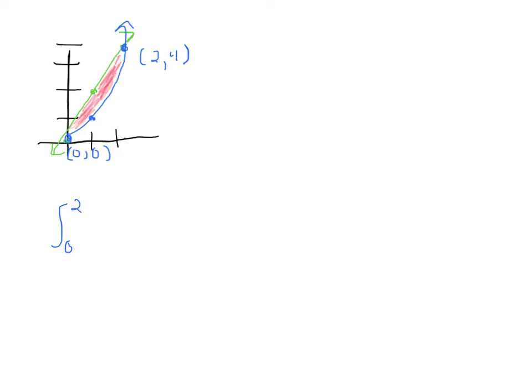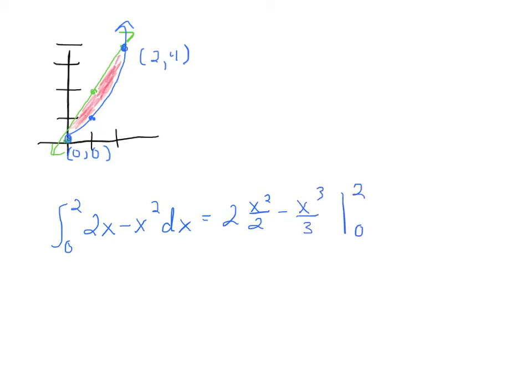And then we are going to do the top curve, which is 2x, minus the bottom curve, which is x squared, dx. And since we're not allowed to use a calculator on this one, we have to find the antiderivative, which would be 2x squared over 2 minus x cubed over 3.